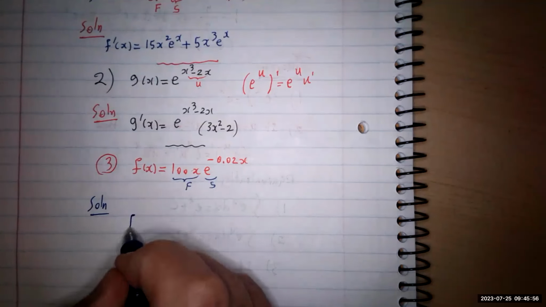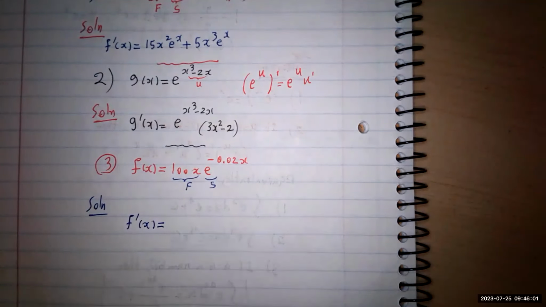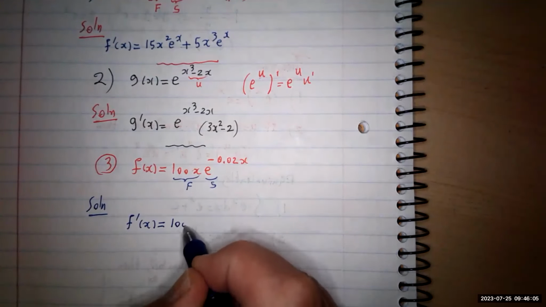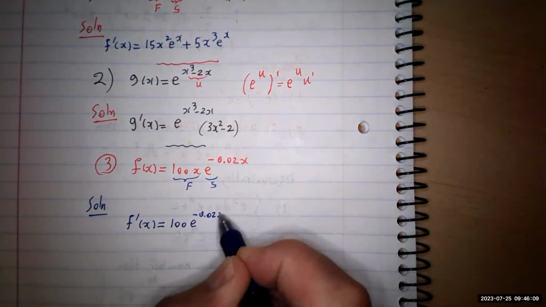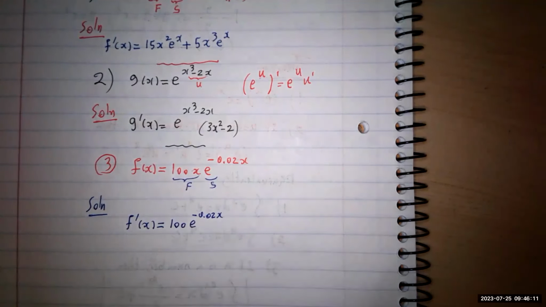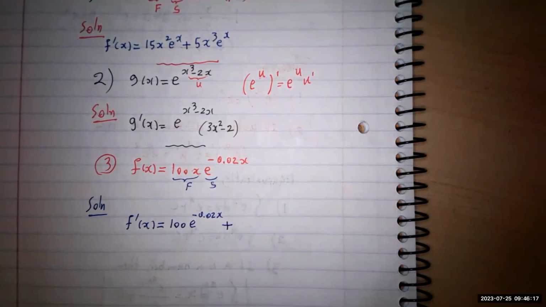Okay, f prime of x equals the derivative of the first one, of 100x, which is 100, times the second function, e to the negative 0.02x. That's the derivative of the first times second, plus second times first.